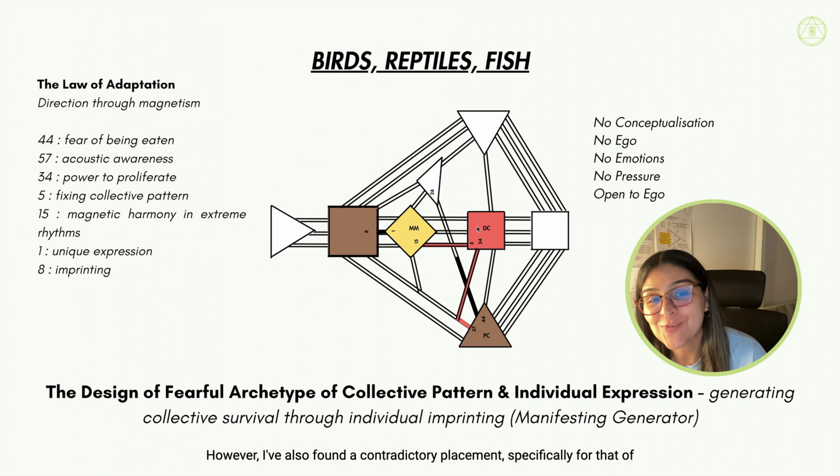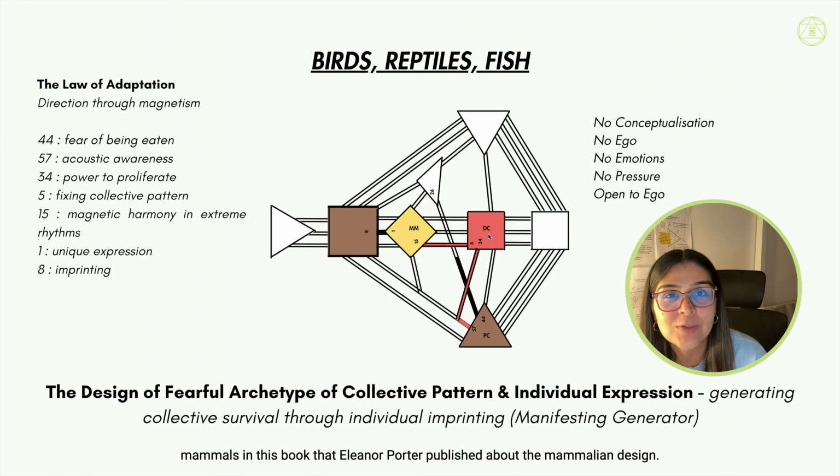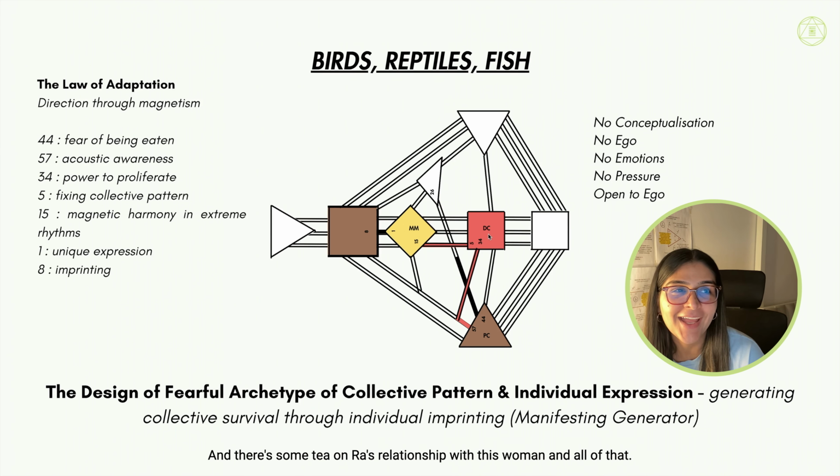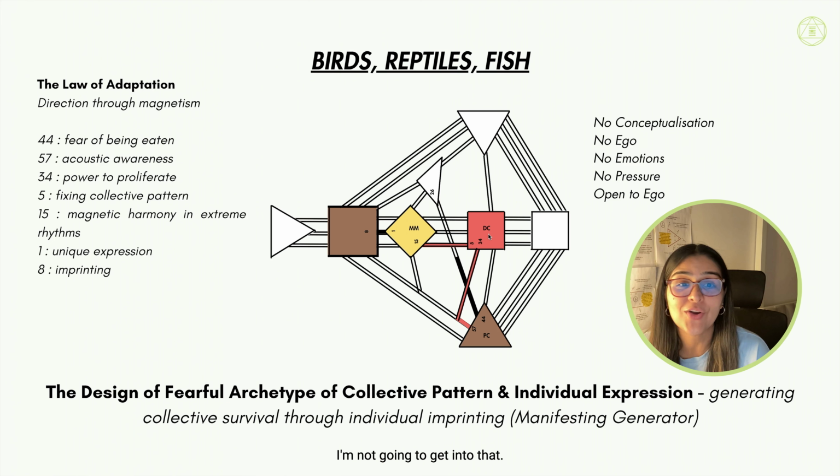However, I've also found a contradictory placement specifically for that of mammals in this book that Eleanor Porter published about the mammalian design. And there's some tea on Ra's relationship with this woman and all of that. I'm not going to get into that.